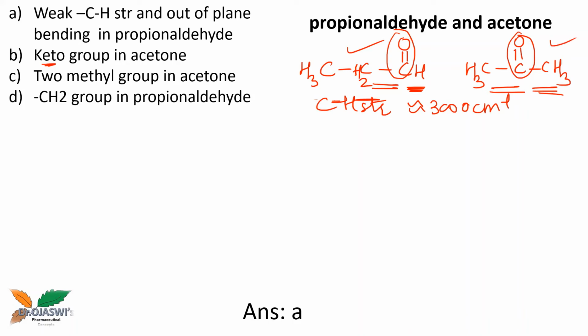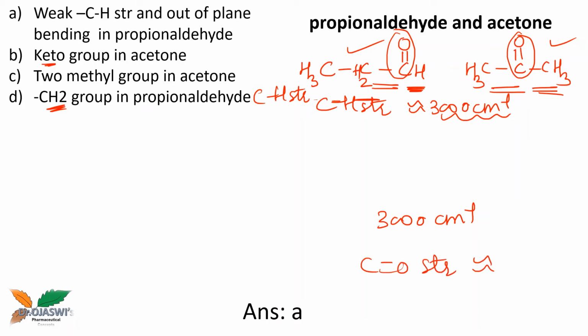So in case of the CH2 group in propionaldehyde also, what peak will be there? CH stretching peak will be there around 3000 centimeter inverse. So around 3000 centimeter inverse you will get a peak in the spectra of both the structures. The carbonyl group, that is C double bond O stretching, appears around 1700 centimeter inverse, to be very specific 1640 to 1700 centimeter inverse.